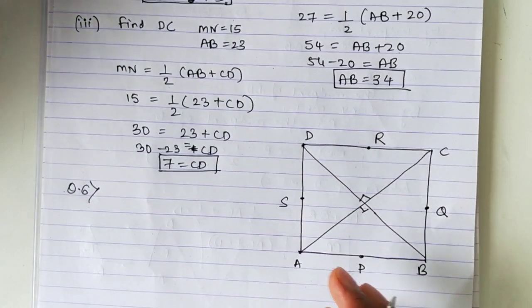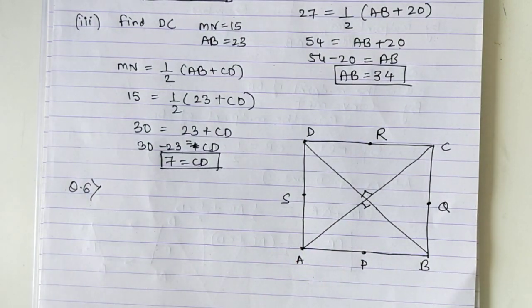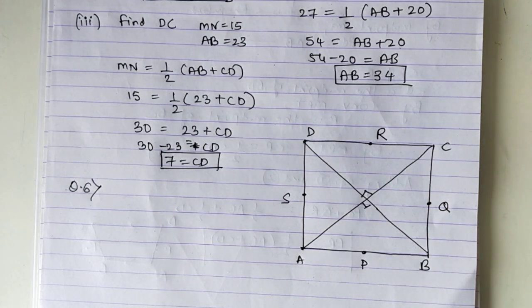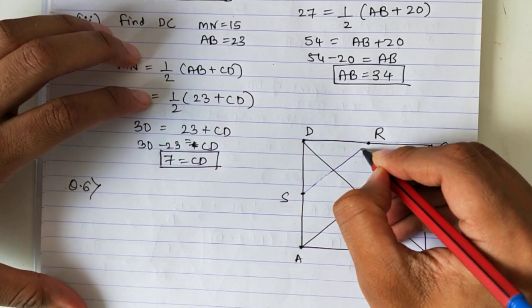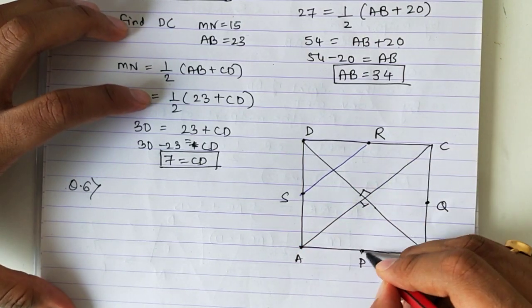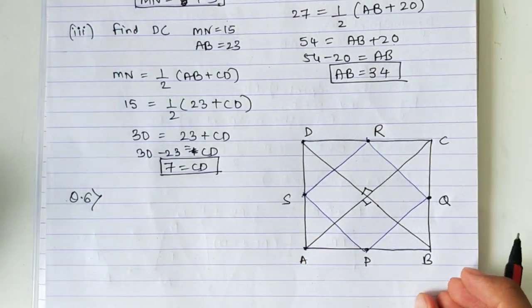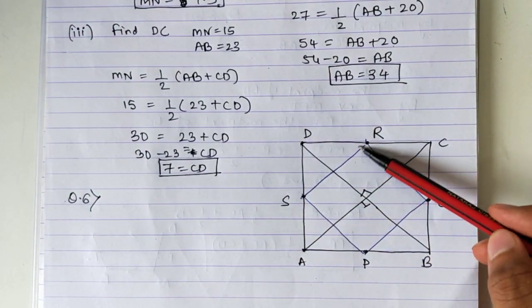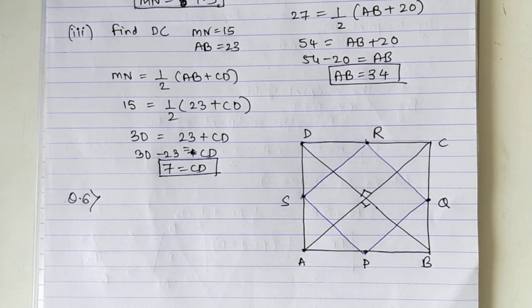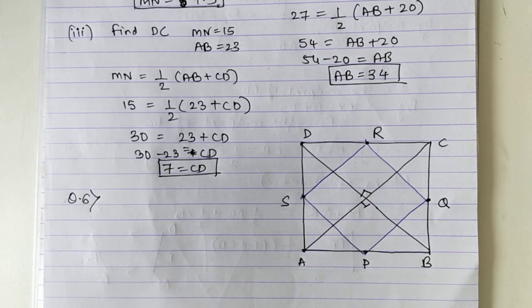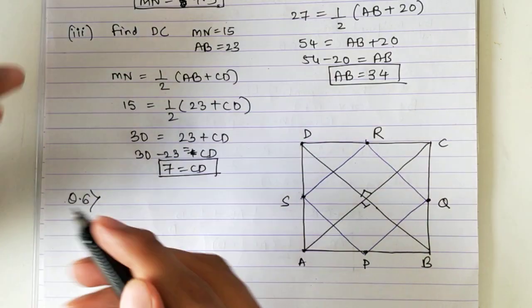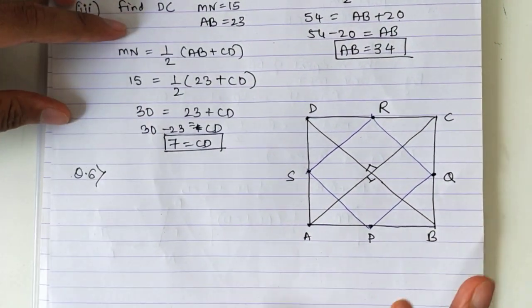Okay, so I'll join these sides with the blue pen. So basically we have to prove that this figure which is here is a rectangle. How to do that? Now see.